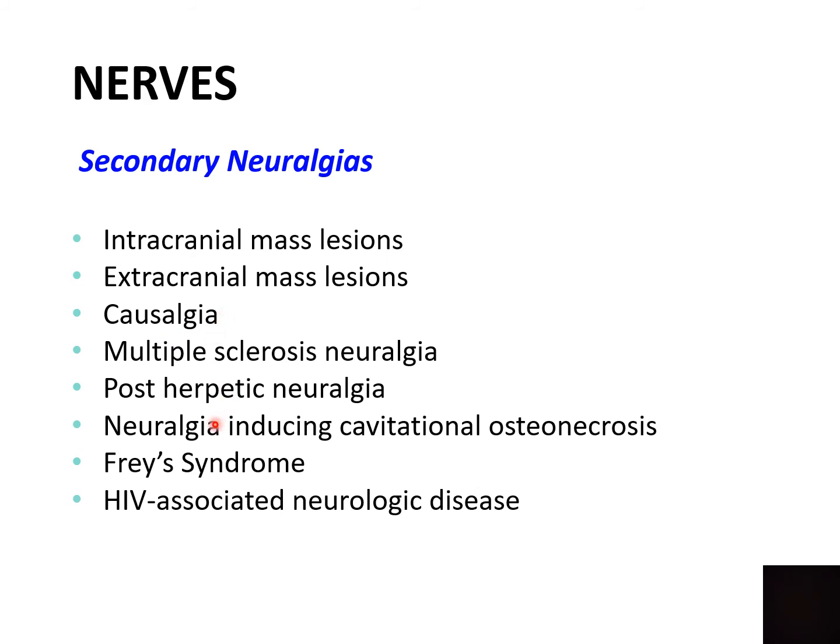Other examples of secondary neuralgias in the head and neck region are multiple sclerosis neuralgia, which leads to trigeminal neuralgia-like symptoms, post-herpetic neuralgia, neuralgia-inducing cavitational osteonecrosis, Frey's syndrome, and we'll discuss these conditions in the following slides. And finally, as you know, HIV has a strong affinity for neural tissue, and one of the manifestations of HIV infection may be neuralgia-like symptoms following HIV infection.